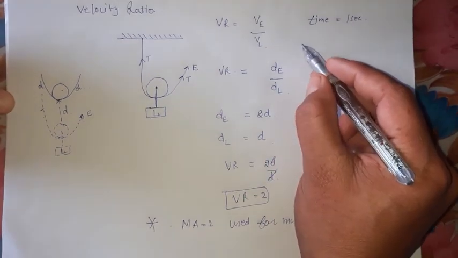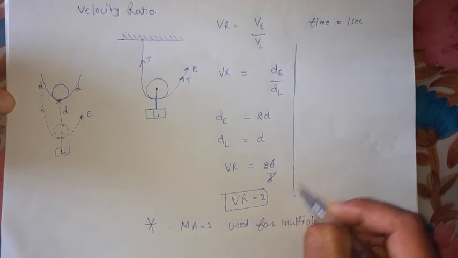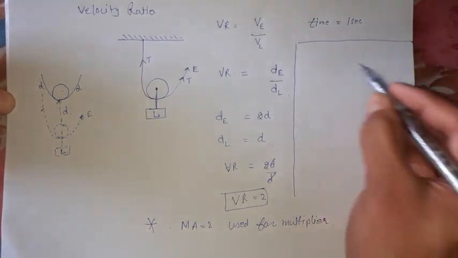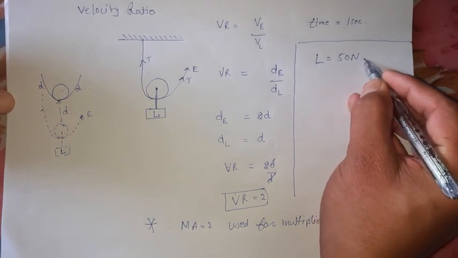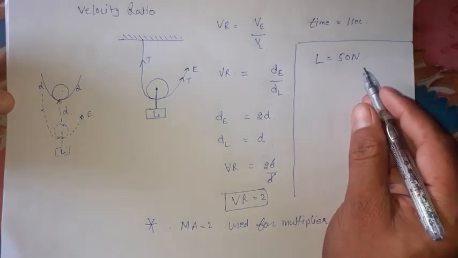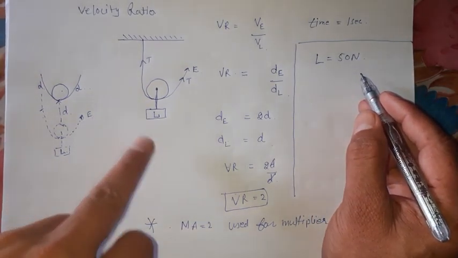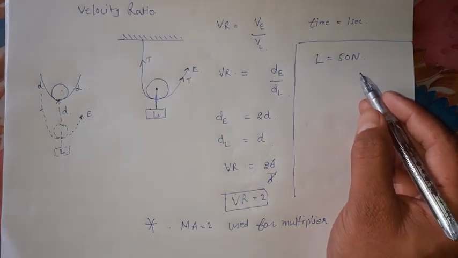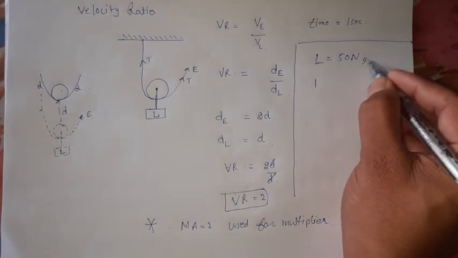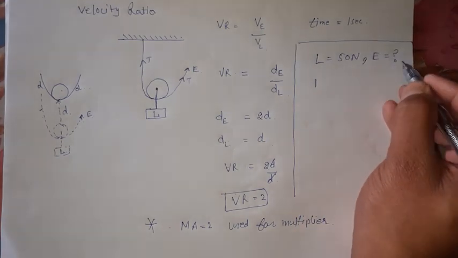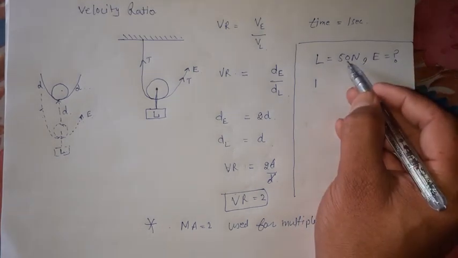Now let us check one more thing, student. If I have a load of 50 Newton, then with the help of this movable pulley, how much is my effort? As we know, what I want to find out is my effort, so that I can lift it up.